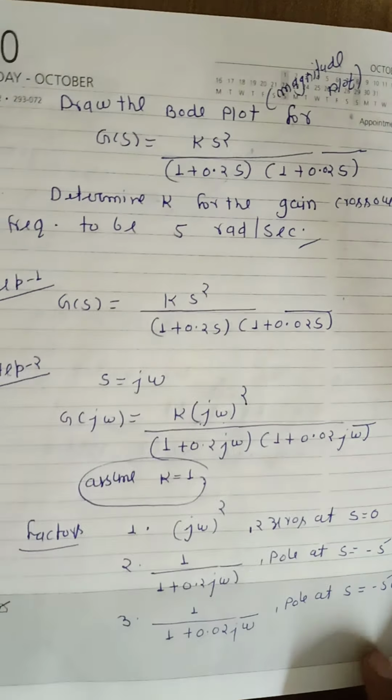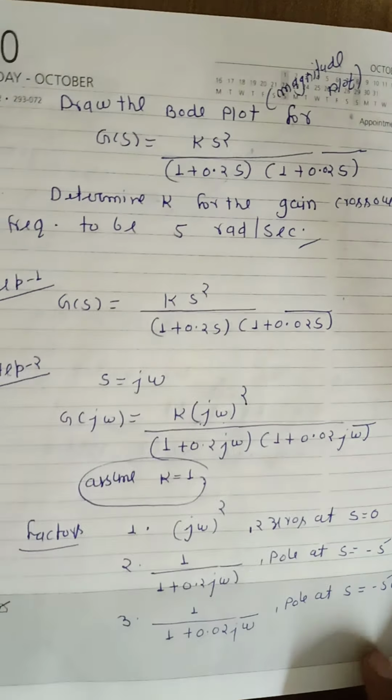Suppose it is omega c1. Similarly, for the third factor we have corner frequency 1 over 0.02, meaning 50 radian per second, suppose omega c2. So we have two corner frequencies, first 5 radian per second, second 50 radian per second.